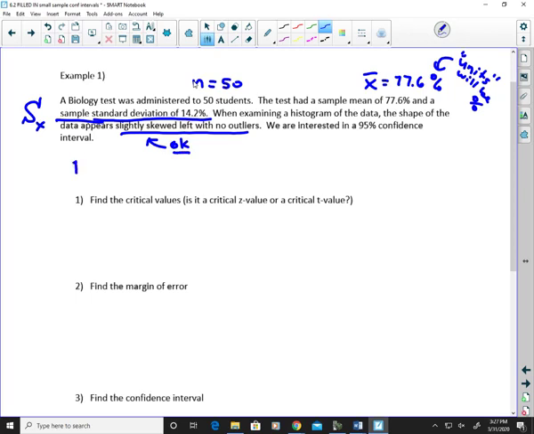So, is it random? Is it independent? Is it nearly normal?